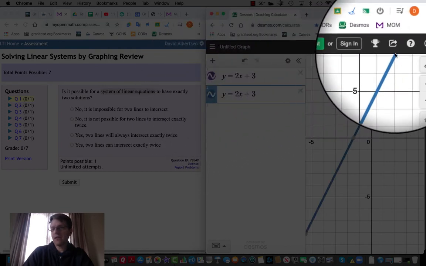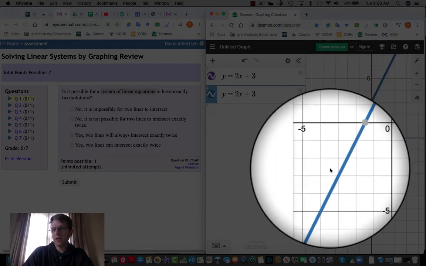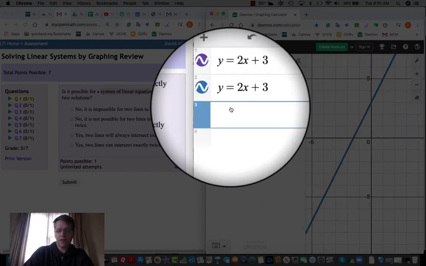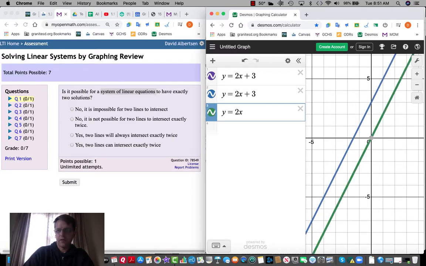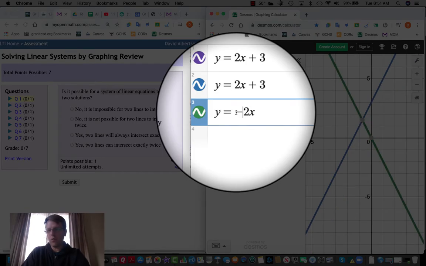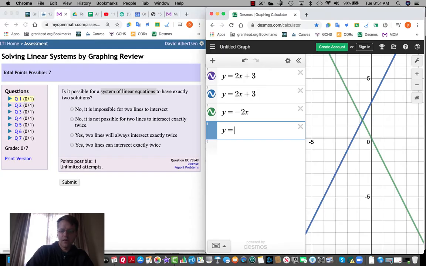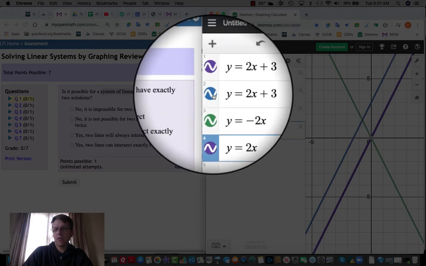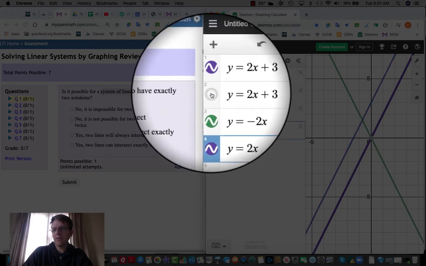In that case, they would actually touch everywhere. So that's the possibilities. They can cross at one point, they can cross at no points, like this purple one, or they can cross at every point, meaning that they're the exact same line.